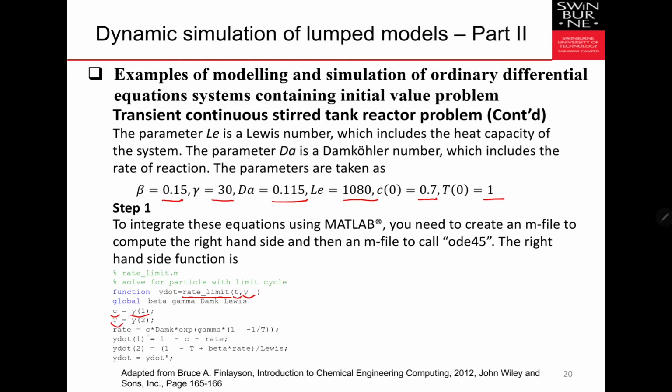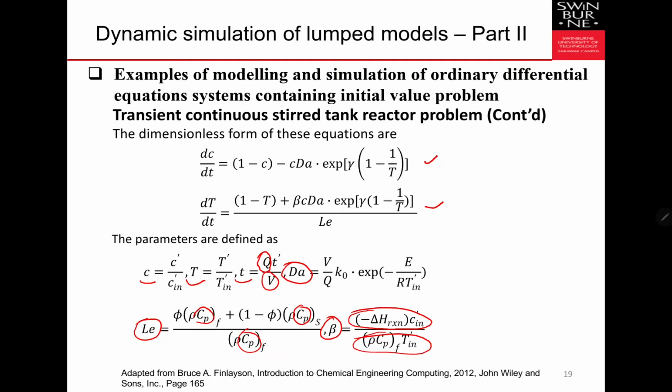On the other hand, the dimensionless temperature will be the second component of y. And then rate here is defined as dimensionless concentration multiplied by Damköhler multiplied by exponential of gamma multiplied by 1 minus 1 over dimensionless temperature. And then these two terms here correspond to these two derivatives here, or the two ODEs.